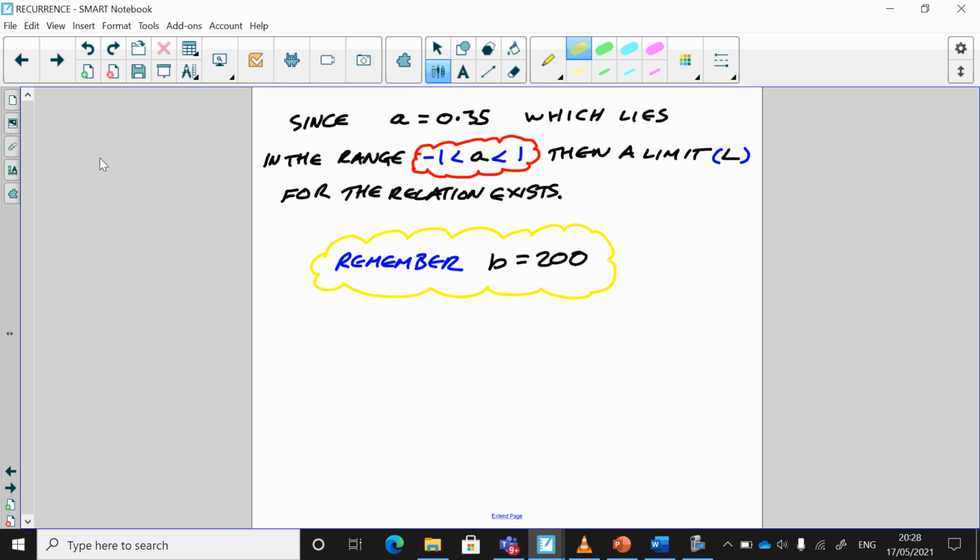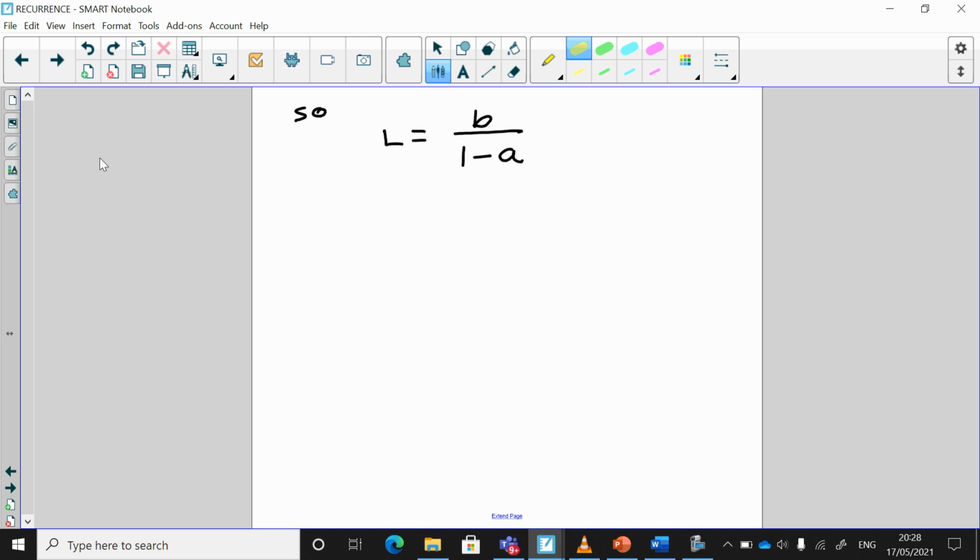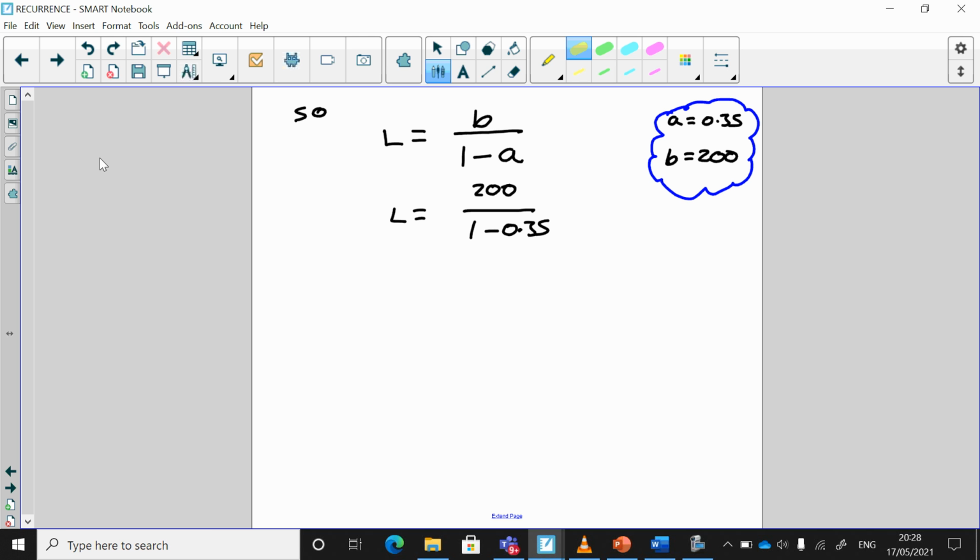Let's get the formula. B over 1 minus A. Bring the values back, put them in. Okay, let's sort it at the bottom. And 200 divided by that there. Is that a nice number?